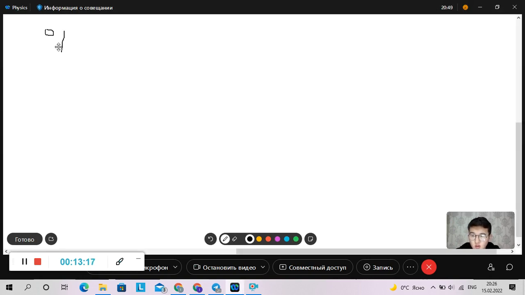The ball is thrown downward, and the height is 30 meters.